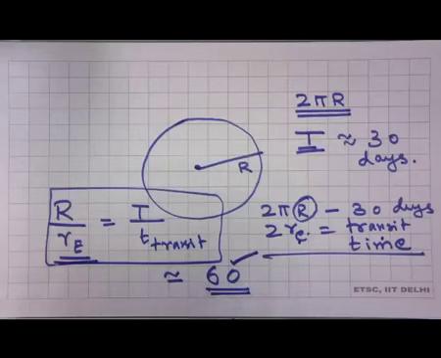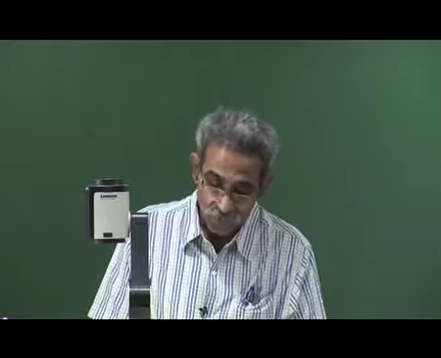And you know, light travels with an enormous speed, 300,000 kilometers per second. So we can estimate the distance very precisely, and this number 60 is remarkably close to whatever we have from modern day observations. Now all that you have to do is to plug this RE equal to 6400 kilometers, and this gives you an idea of what?